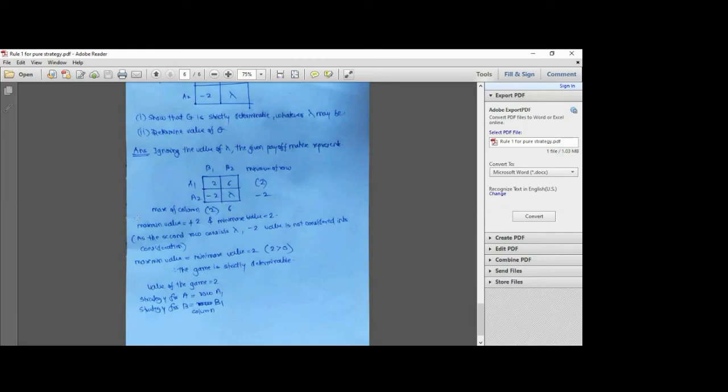Now the maximin value that we have to identify. It can be -2 here, but if we select -2, we don't know what lambda is, so we wrote ignoring lambda beforehand.